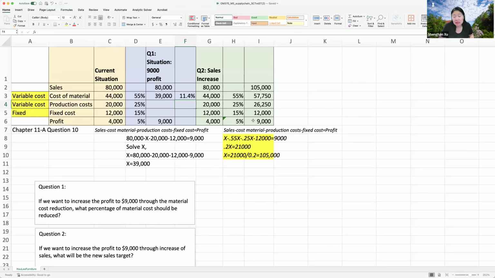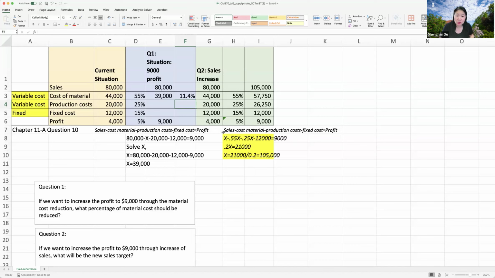So if we want to maintain the same cost of material ratio, what sales do we have to reach, okay? So this can be set up as an equation again. And again, this uses the function from our original analysis, right? Sales minus cost of material minus production cost minus fixed cost equals profit.